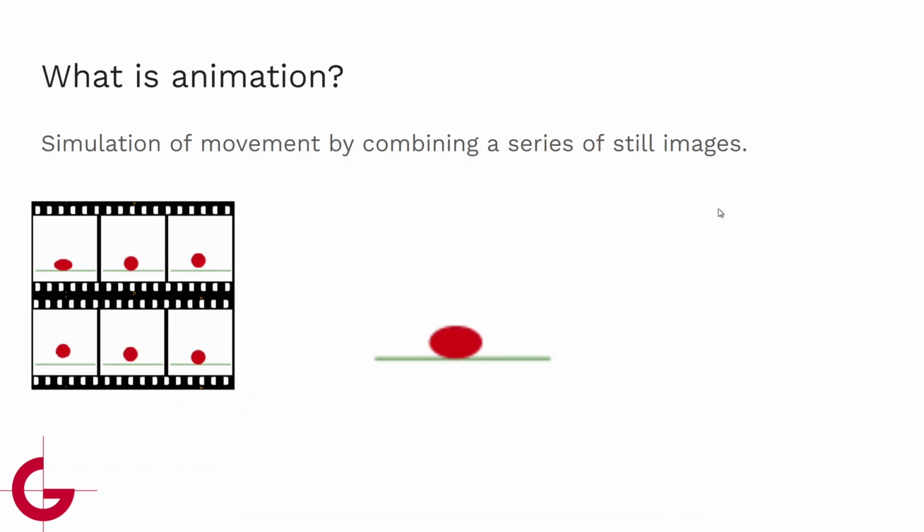If you look at the image on the left, you can see 6 images of a red ball bouncing, and on the right, when we play these images one after another and loop them, we have a little animation of a ball bouncing.